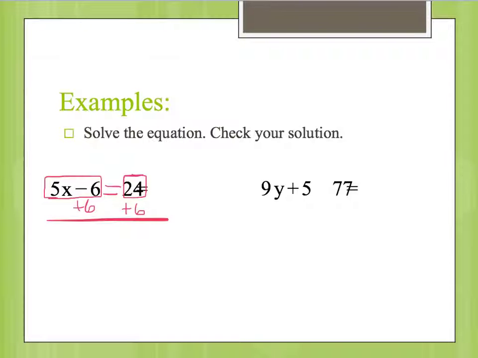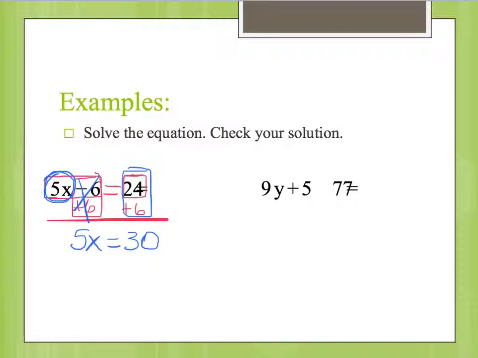So in doing so, a minus 6 and a plus 6, they will cancel out to give you 0. So what's left on the left-hand side is 5 times x, or 5x. When I add 6 to 24, I get 30. So now my new equation is 5 times some number x is equal to 30.